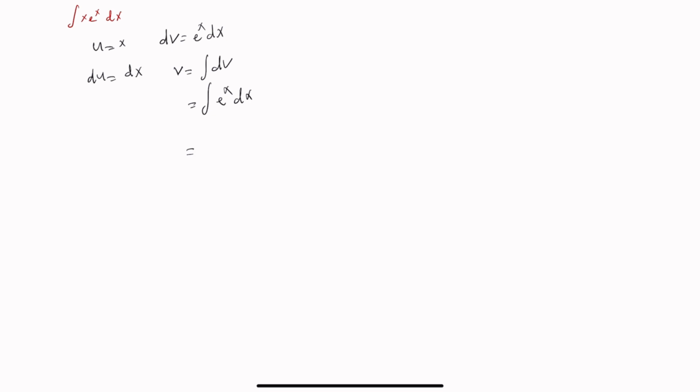It's going to be equal to e to the x. I will not include plus c in here. I'm gonna just include it at the end, that is in the last integral.